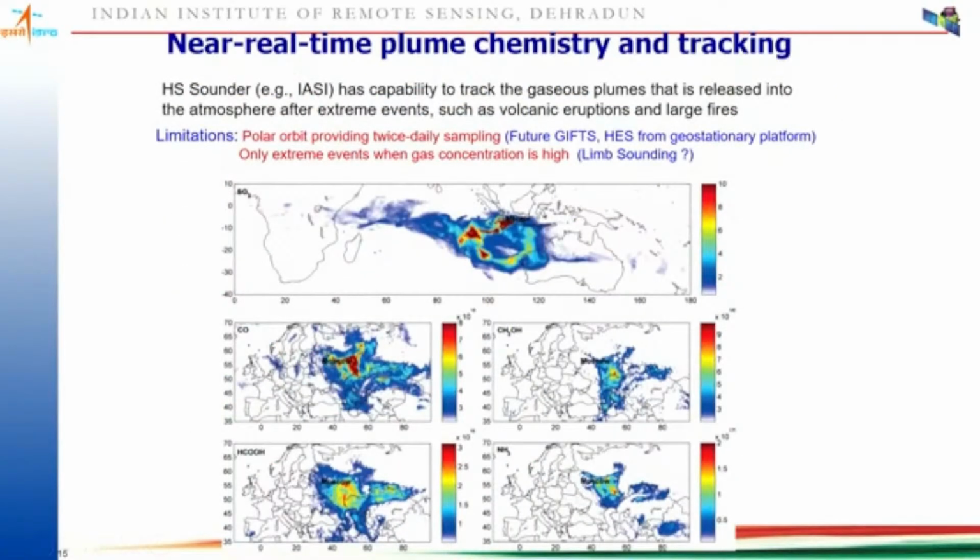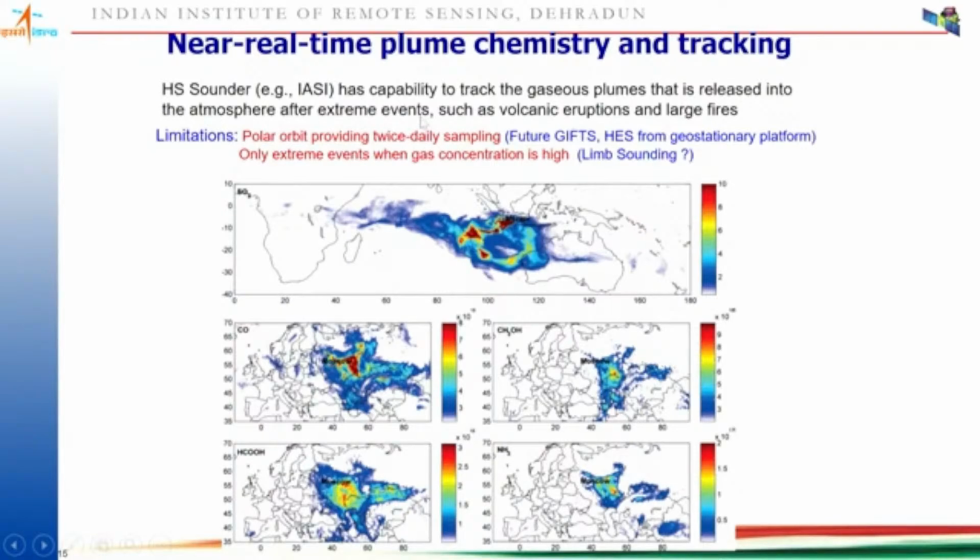Now these are the real-time measurements, and this IASI is a hyperspectral sounder. This measures in different domains, and this is what we call a hyperspectral sounder, and it has the capability to track the gaseous plumes in the atmosphere after extreme events.